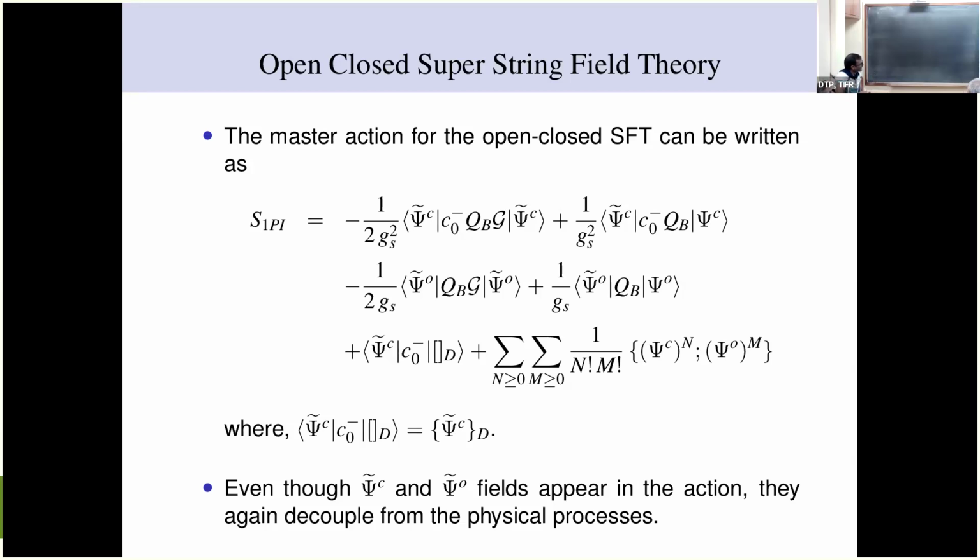Again, the psi tilde O and psi tilde C disappear from the physical processes. But now this psi tilde C, this one-point function on the disk, belongs to this H tilde Hilbert space, not the HC Hilbert space. The reason is that you have D-branes in the system, and these D-branes carry RR charges.